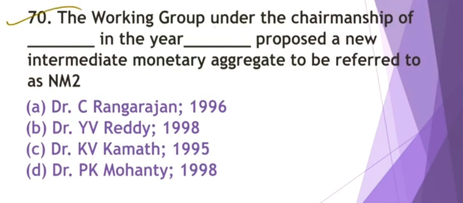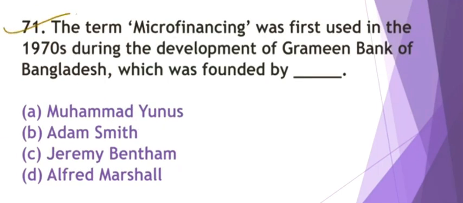70. The working group under the chairmanship of dash in the year dash proposed a new intermediate monetary aggregate to be referred to as NM2. Option number B, Dr. Y.P. Reddy, 1998. 71. The term microfinancing was first used in the 1970s during the development of Grameen Bank of Bangladesh, which was founded by?